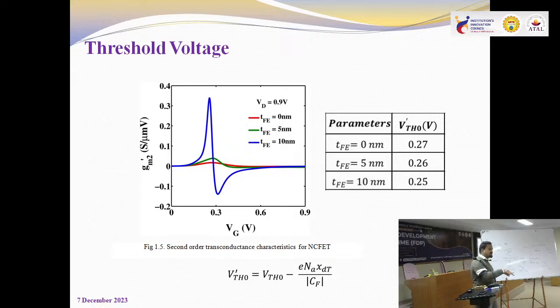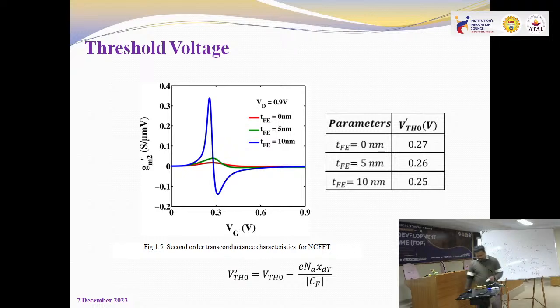Second order transconductance means the second differentiation of current with respect to voltage, so gm2 equals d2 ID by dVG2. So what I have done is taken the second transconductance.